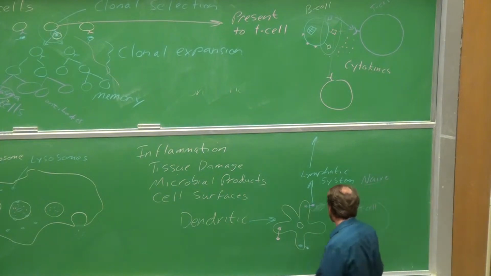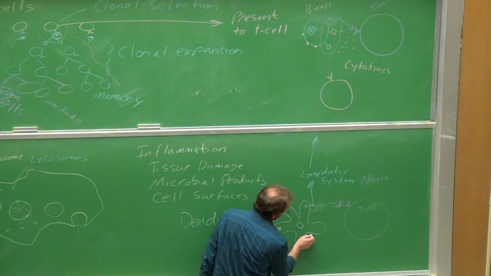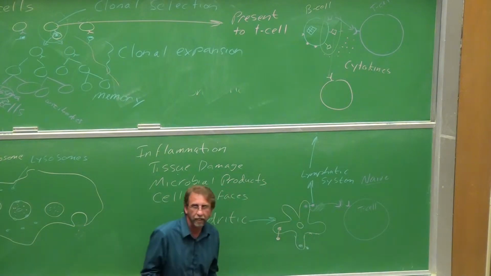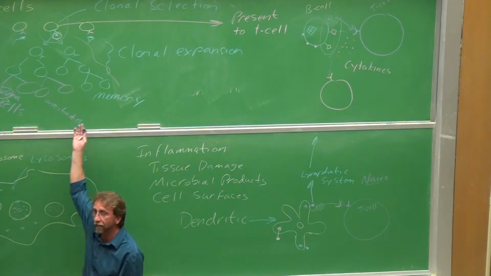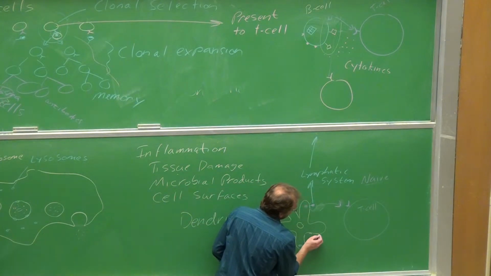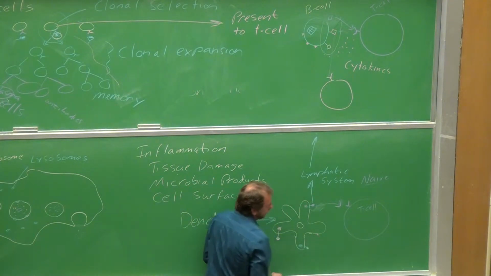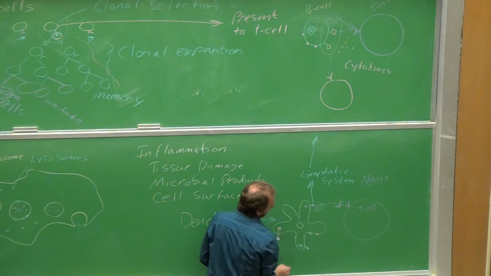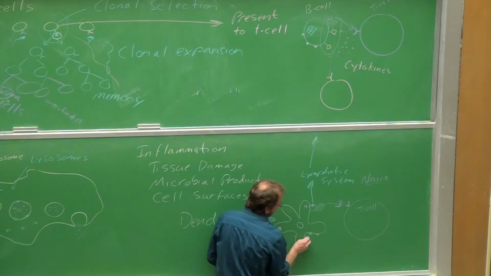See, additionally, located on the surface of our dendritic cell are toll-like receptors, just like the toll-like receptors we find on the macrophages. And these toll-like receptors bind to peptidoglycan, lipopolysaccharide, and flagellin.